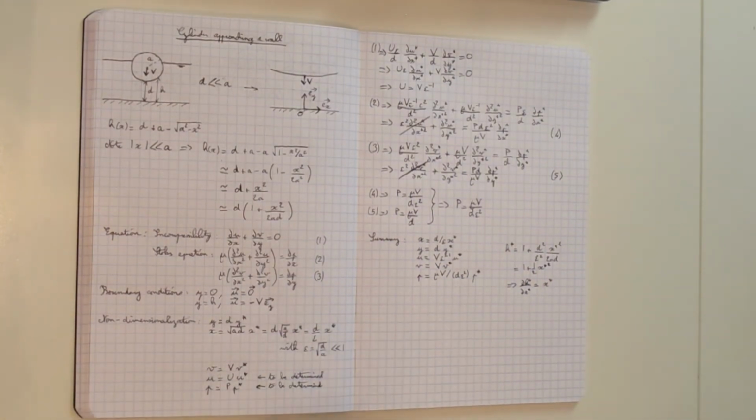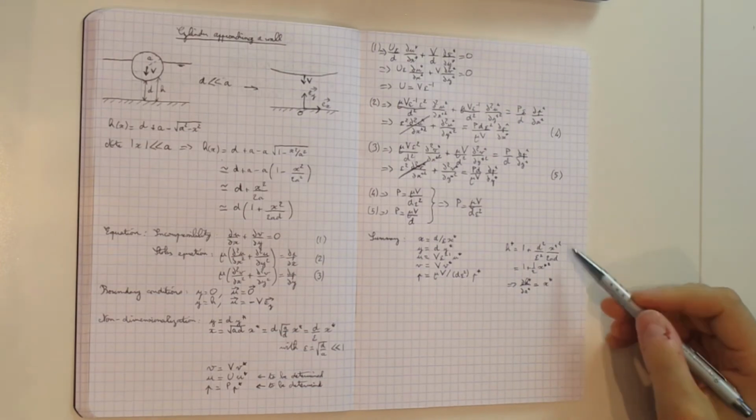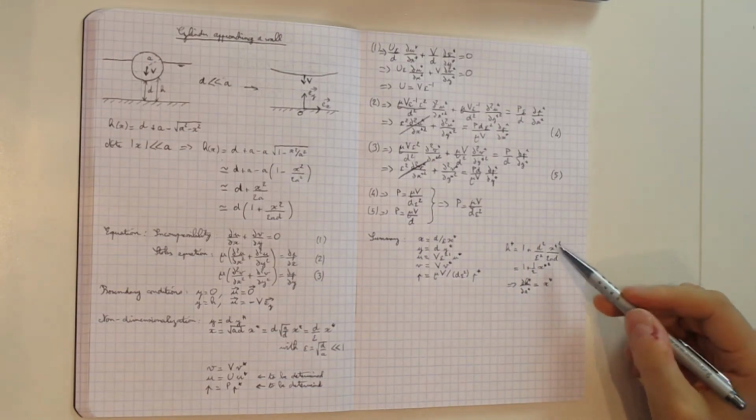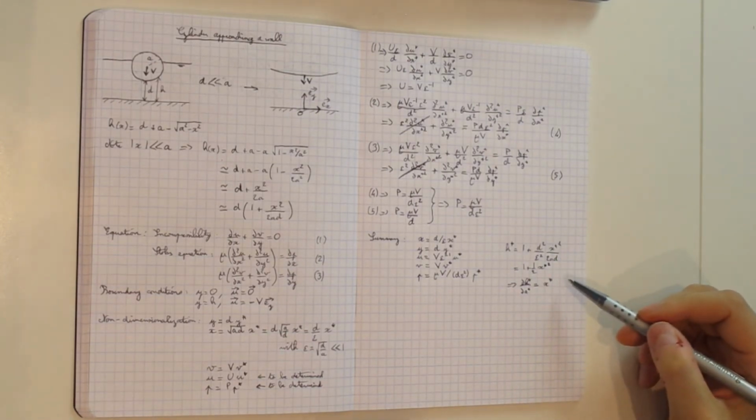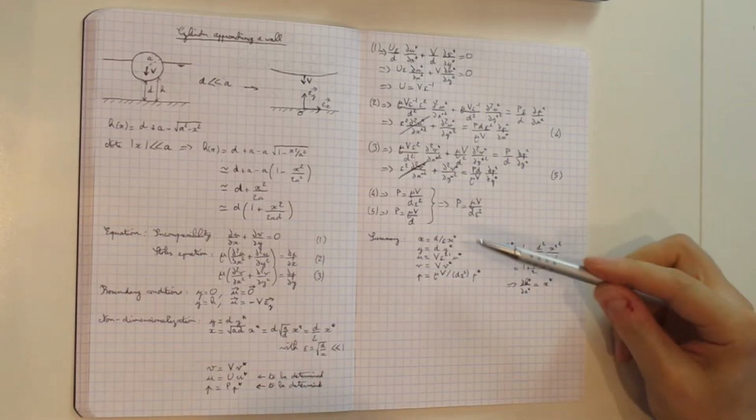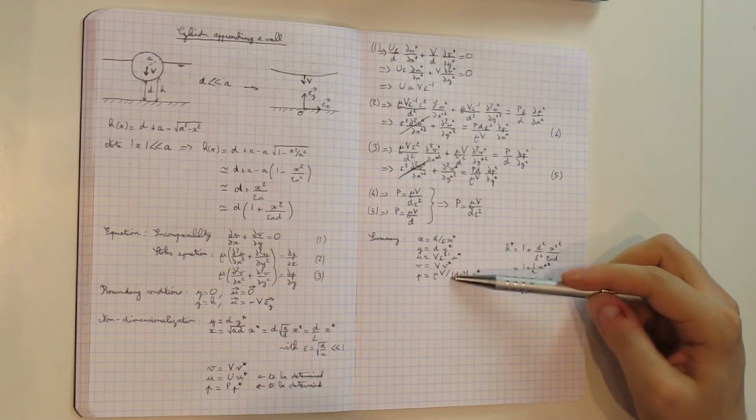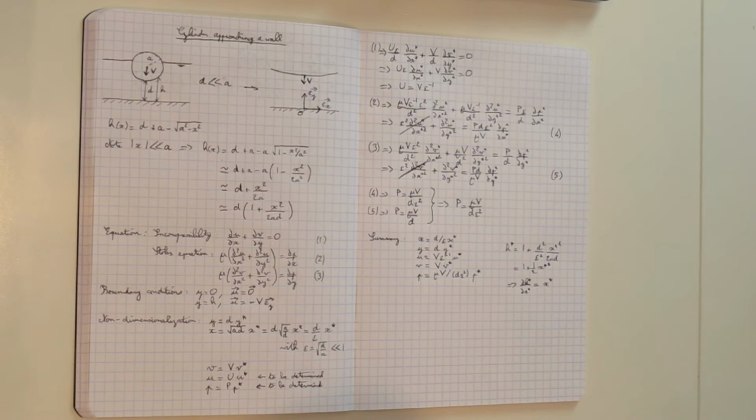These nice simplifications, the fact that these quantities write so nicely, are a consequence of the fact that the non-dimensionalizing quantities here are well chosen. That makes our problem much easier to manage. So this is our non-dimensionalization.